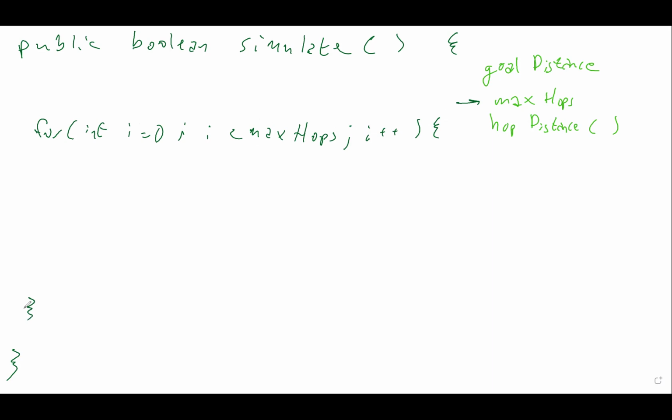So for each value of i, we want to hop, right? How do we simulate a hop? What method do we have access to simulate a hop? We have hop distance. So we're going to call hop distance.